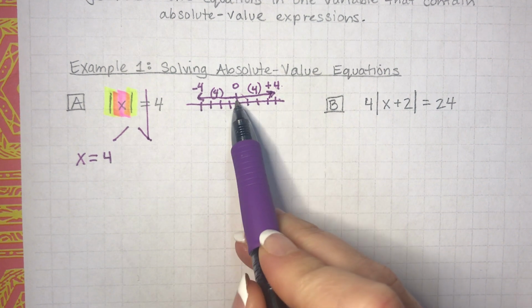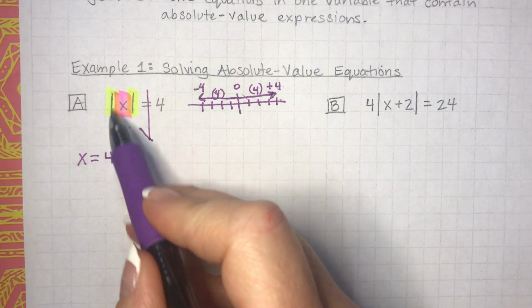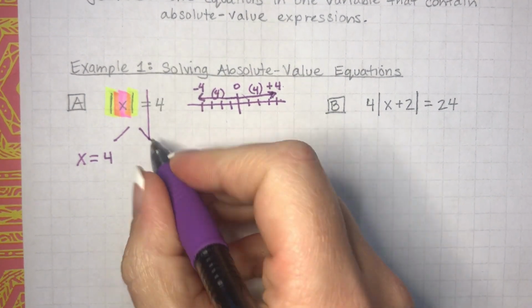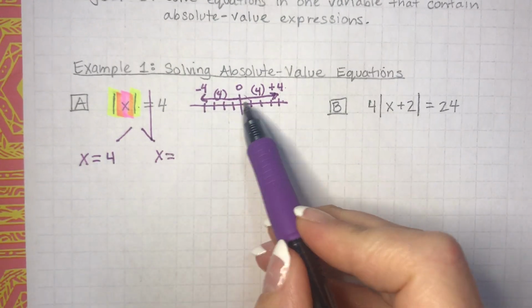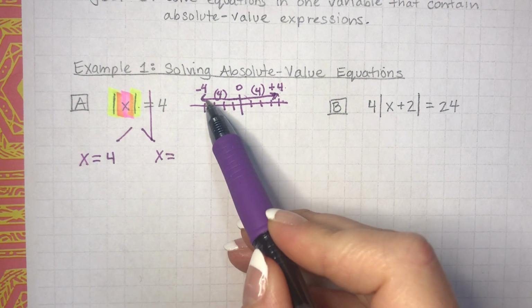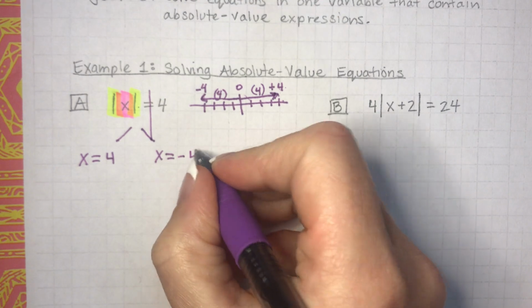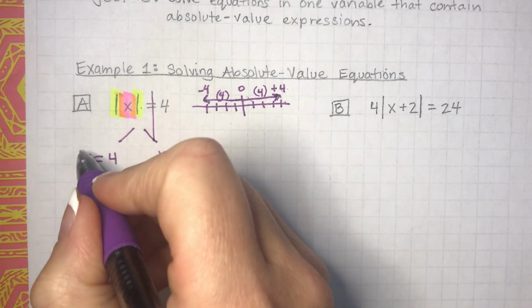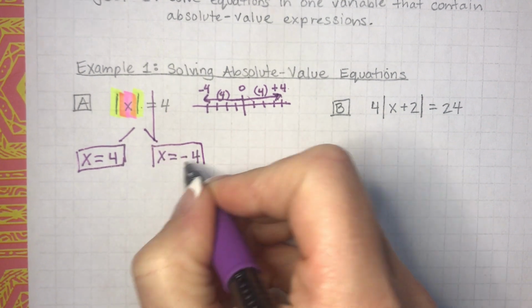From 0 there, we can go 4 this way, which is a positive 4. Or, we keep this x, drop the absolute value symbols. X can equal, there's 2 options. X can equal a positive 4 here, or if we go 4 units this way, X can equal -4. And those are our 2 answers. X equals 4 and X equals -4.